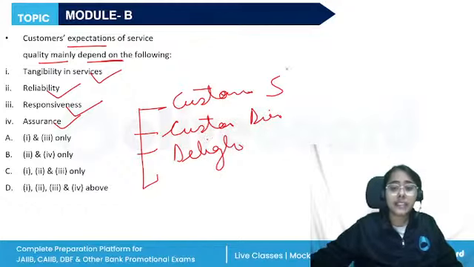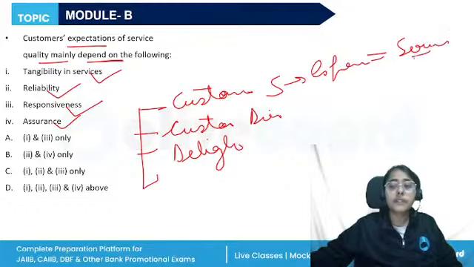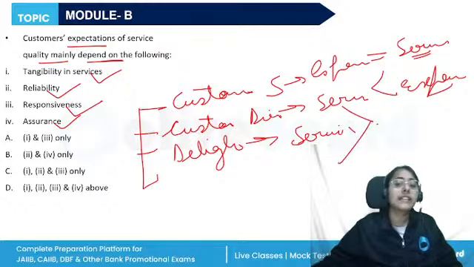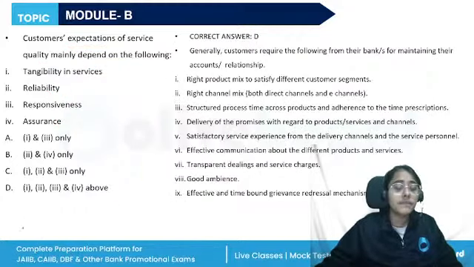The customer will be satisfied where the expectations meet the services. The customer will be dissatisfied if the service quality is less than the expectations of the customer. And the customer will be delighted when the services offered by the bank are of better quality than what was expected. So, what all constitutes customer satisfaction?